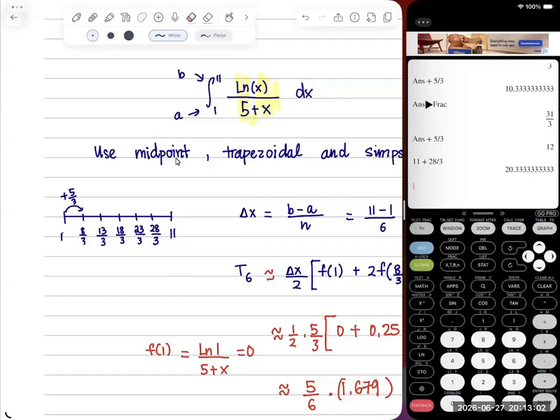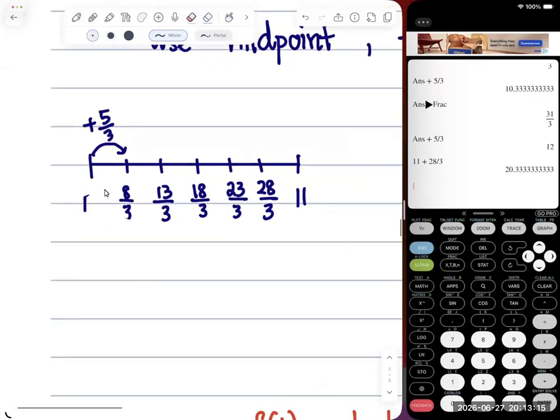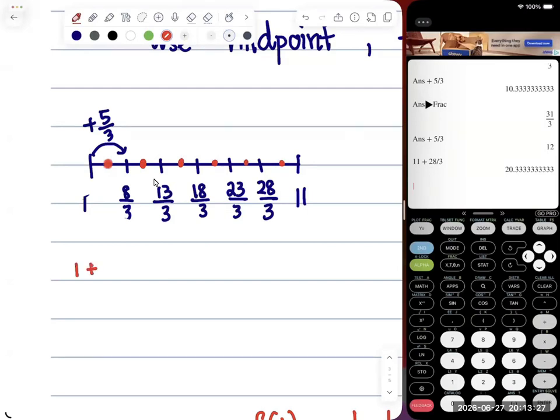Now, the only difference is the midpoint rule. So for the midpoint rule, we're going to have to find new points because it's not going to be the same values of x that we used for the trapezoid and the Simpson rule anymore. We're going to have to find the midpoint of these x values. It means I will need to find the middle value of this and this, okay? And how do we find that? We're going to take the first number, add the second number, and then divide by 2.